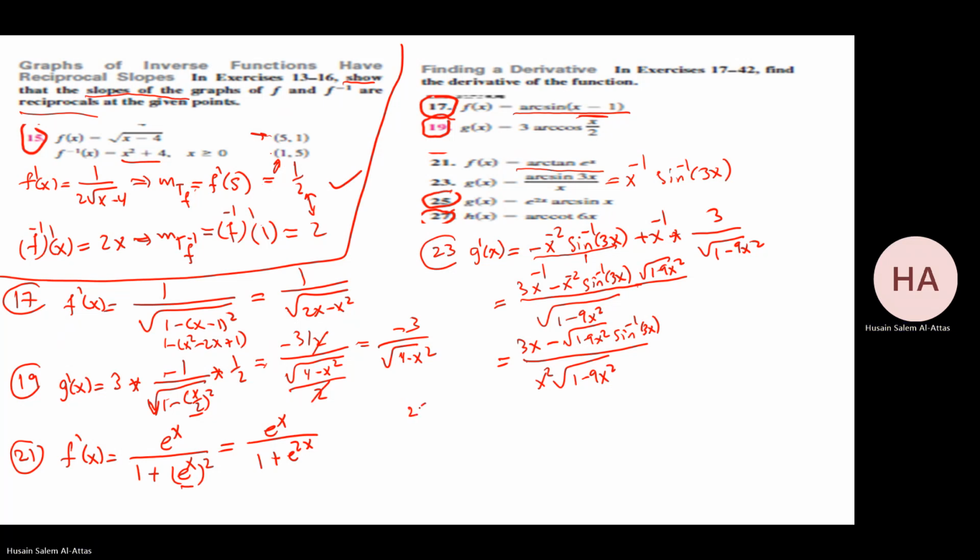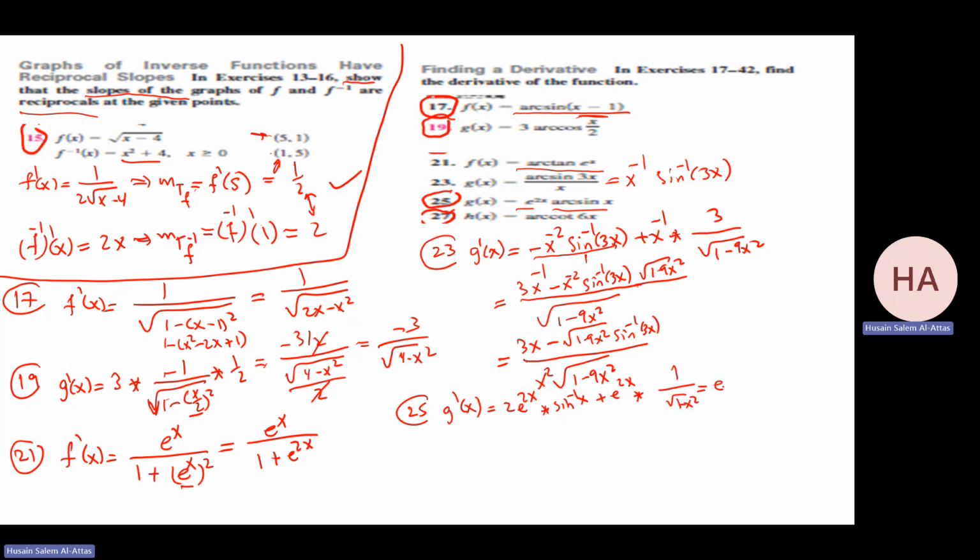25. I have product rule here. So that means g prime will be derivative of the first times the second plus the first times derivative of the second, which is 1 over square root 1 minus x squared.